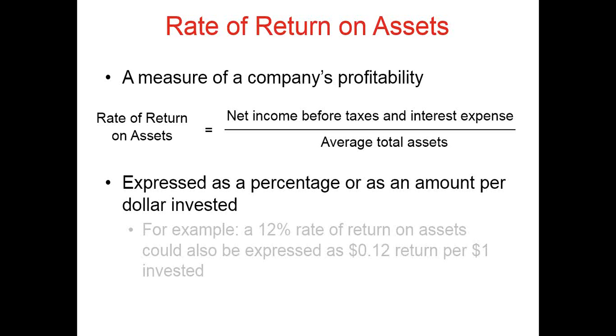Here is an example of how to calculate and what we're looking at. Apple and Dell, both computer companies, and both with very different rate of return on assets. Again, these are just numbers. We need to know the story behind the number.